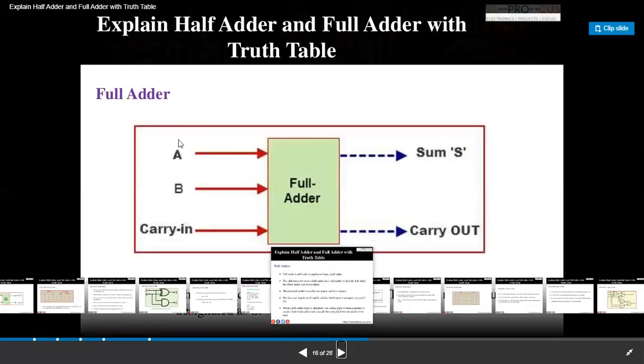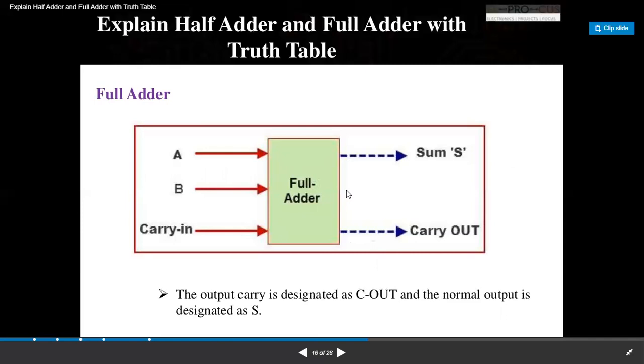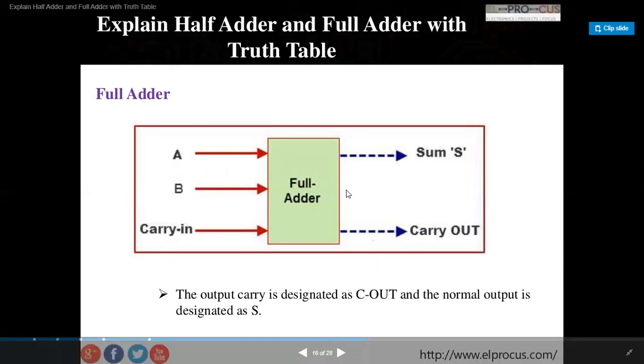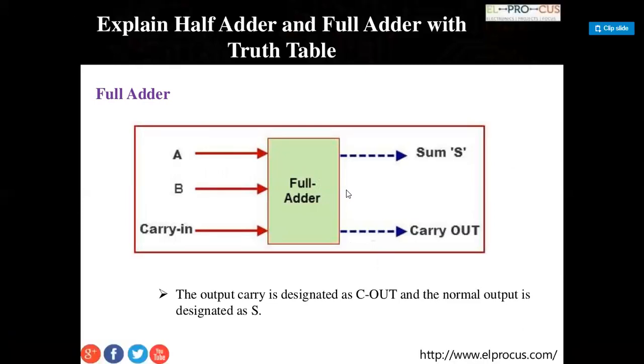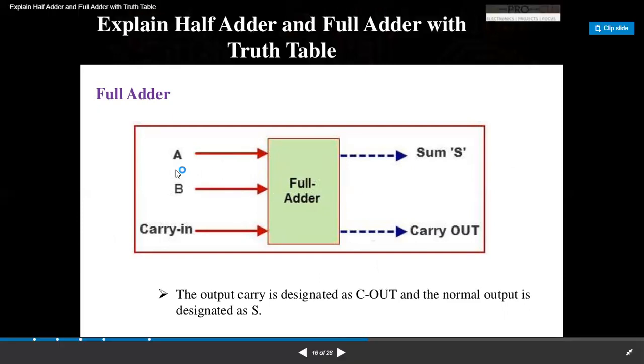Here, in the diagrammatical black box form, we give the adder inputs A, B and carry in. These are the three bits.